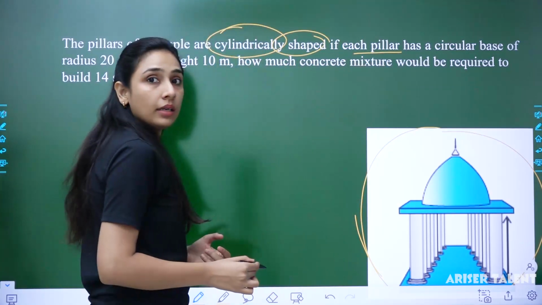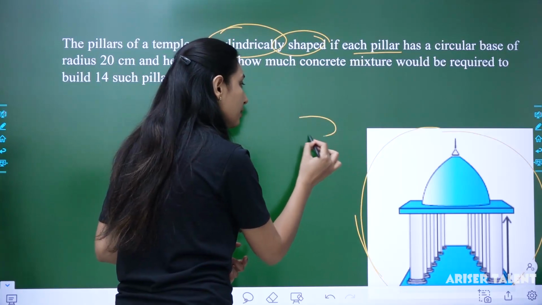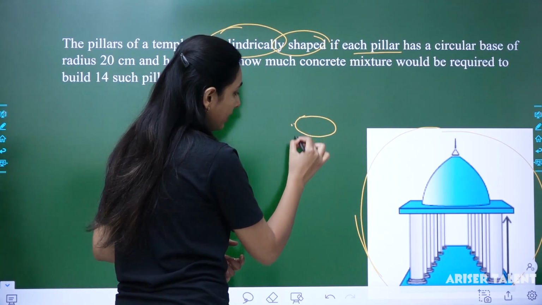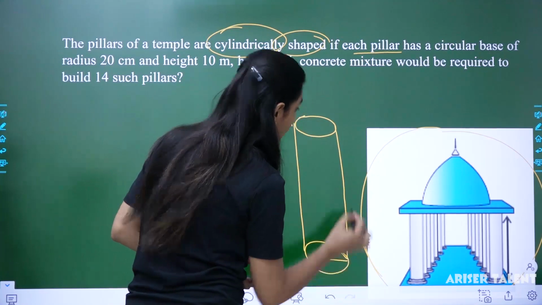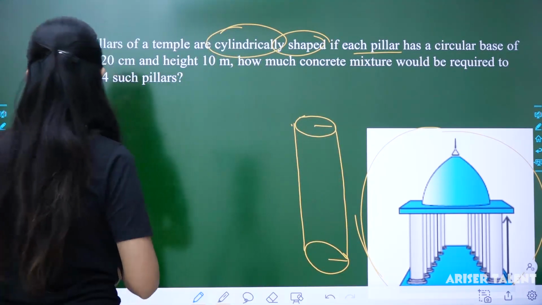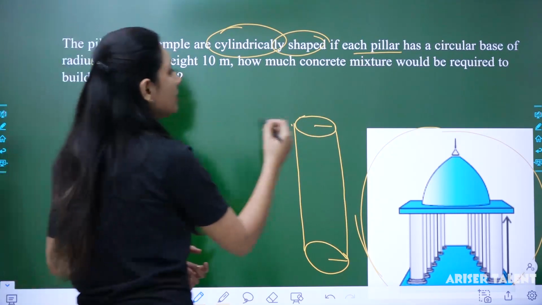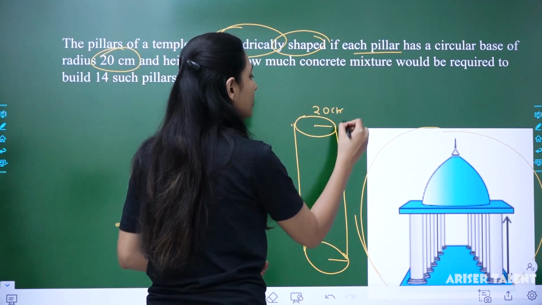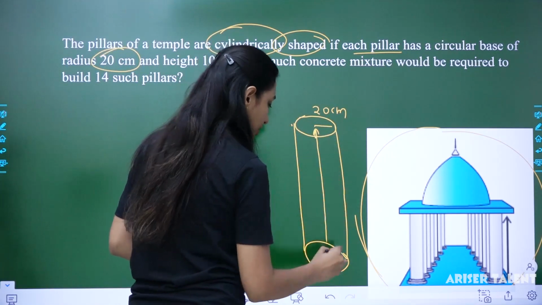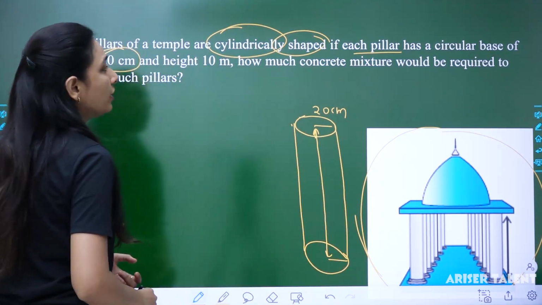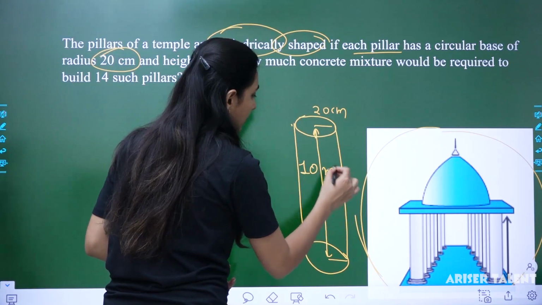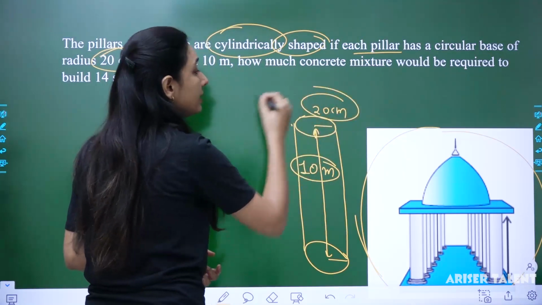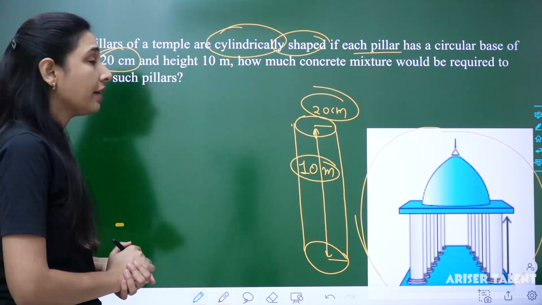Each pillar has a cylindrical base with a radius of 20 centimeters, and the height of it is 10 meters.